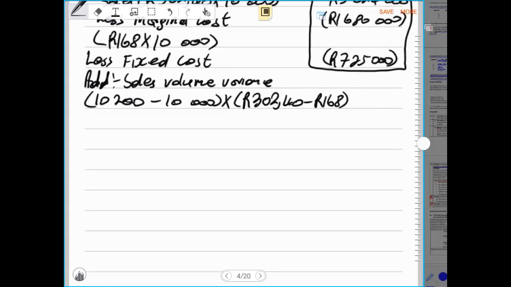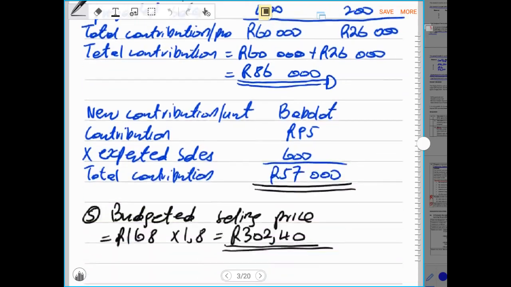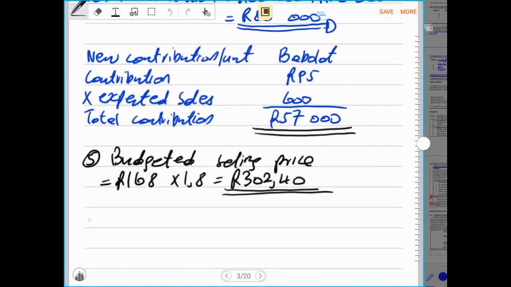So now we multiply our sales volume by the contribution, and I have to calculate my contribution here under number 5. Let me calculate my contribution. Remember, contribution is equal to sales per unit minus variable cost.